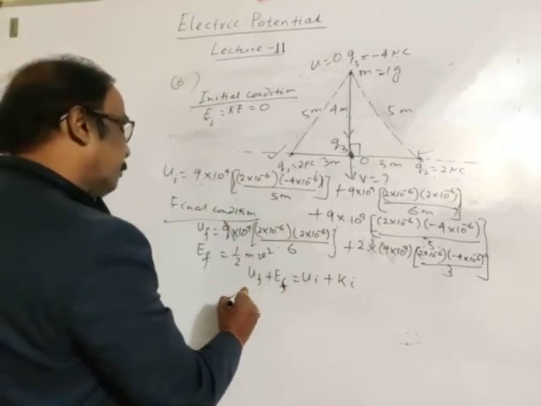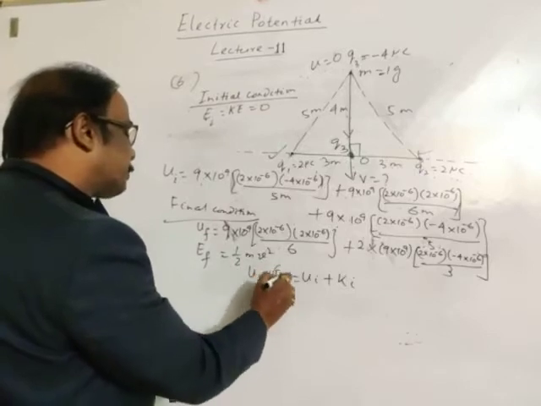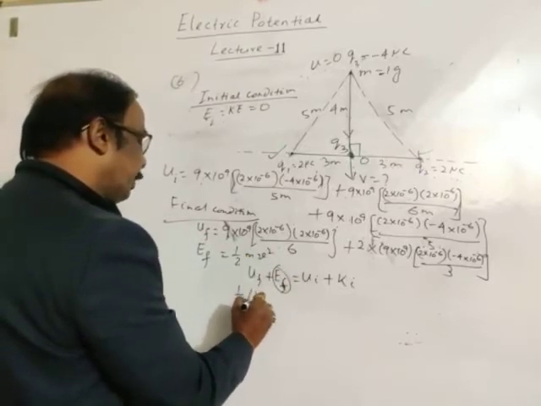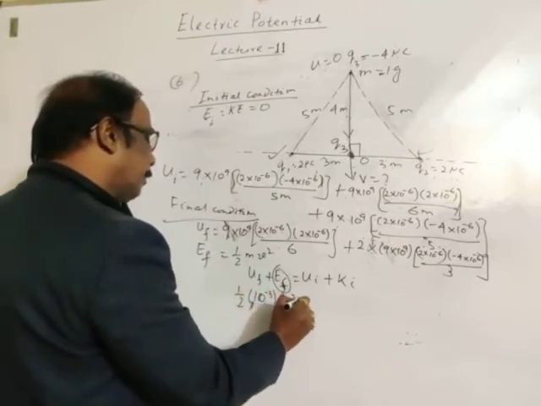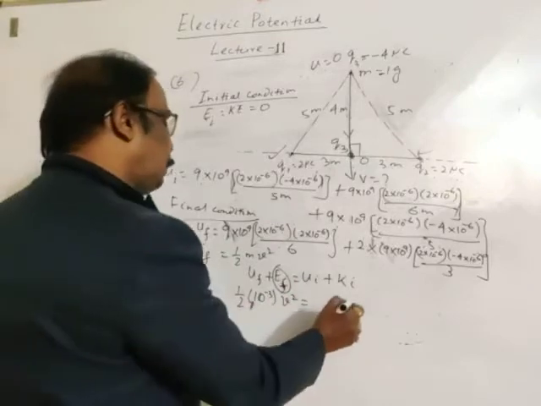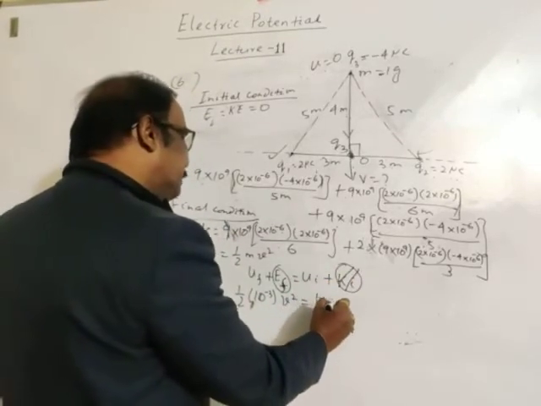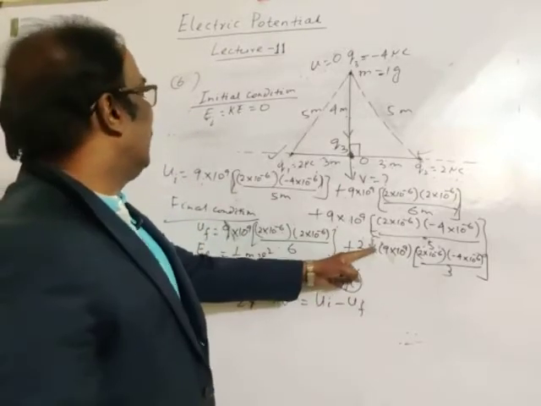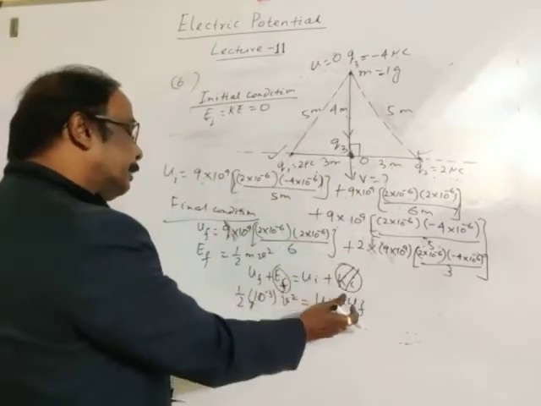In place of final kinetic energy we may write half, in place of mass 10 to the power minus 3 kg, into V square, is equal to, since initial kinetic energy is 0, U initial minus U final.